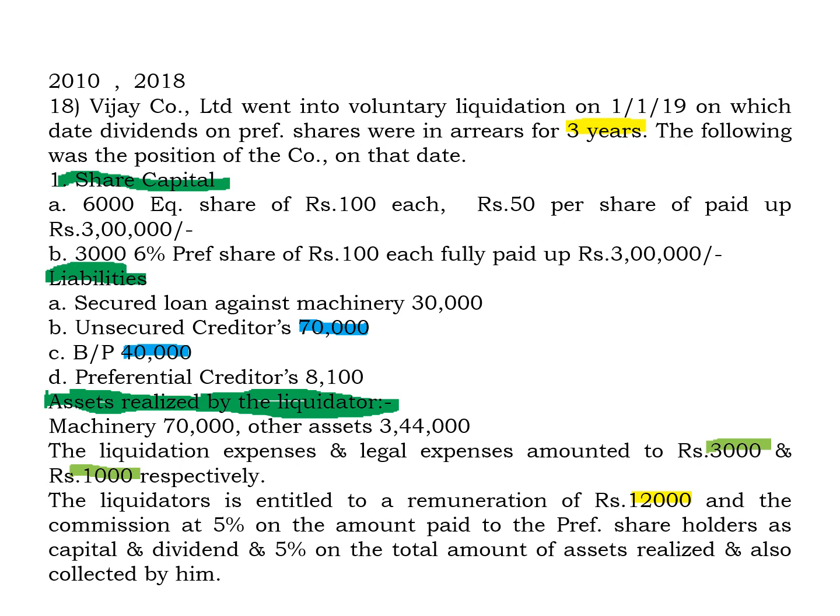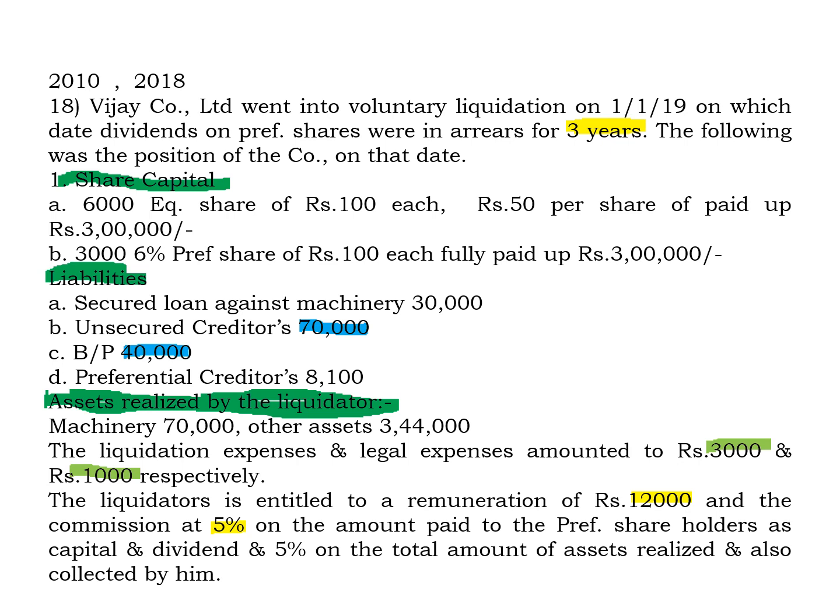So the first remuneration is 12,000 fixed, and commission at 5% on the amount paid to preference shareholders as capital and dividend. So the second is 5% on whatever you pay to the preference shareholders. Now what do you pay to the preference shareholders? 3 lakh plus 54,000, 3 lakh 54,000. It comes from 3 lakh preference share plus 3 years dividend arrears, which I have calculated above: 3 lakhs into 6% for 3 years dividend, you get 54,000 dividend.